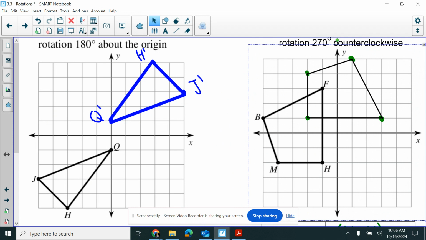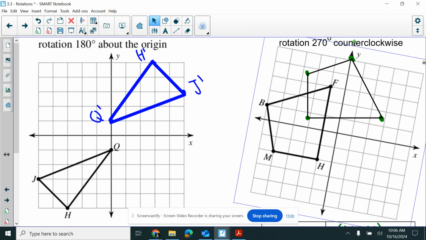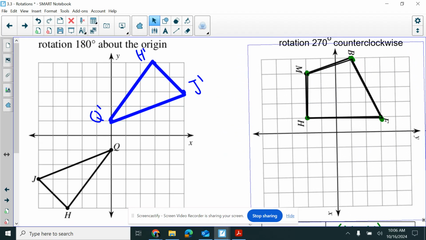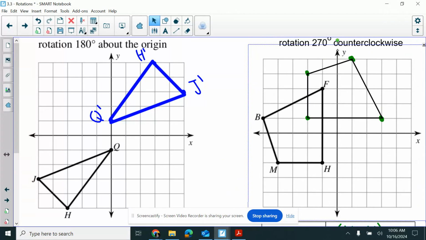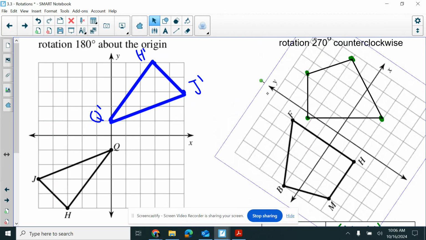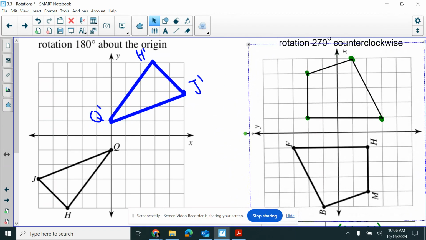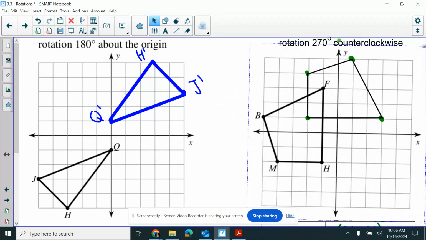You notice we've been going counterclockwise. If I went the opposite direction, clockwise, one turn of the graph would be a 90-degree rotation. So 270 counterclockwise is the same as 90 clockwise, or 90 counterclockwise is the same as 270 clockwise.